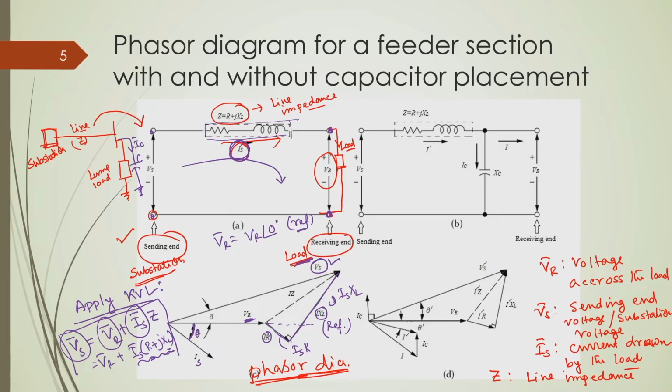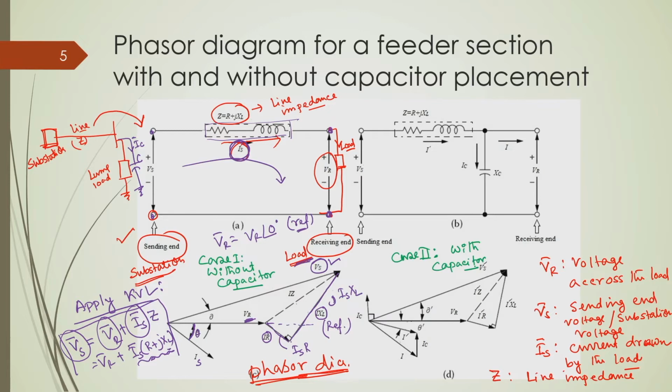Without the capacitor, this phasor diagram is drawn, and this is applicable for case 1, that is, without capacitor. Now, we put a capacitor in parallel to this load, and we will draw the phasor diagram with capacitor. Let us say this is case 2.